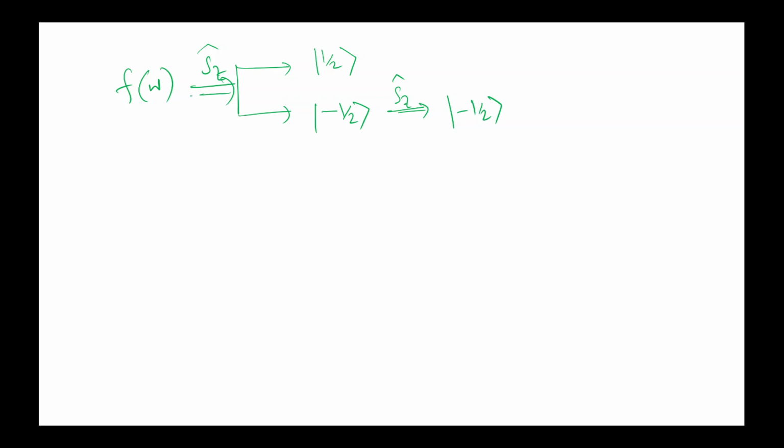Initially, for this function I didn't know what its form was, but when I performed this operation, or measured Sz on this function, I got one of these states. This is called the wave function collapse. But another interesting thing is that now on this function, if I operate Sx, what will I get?